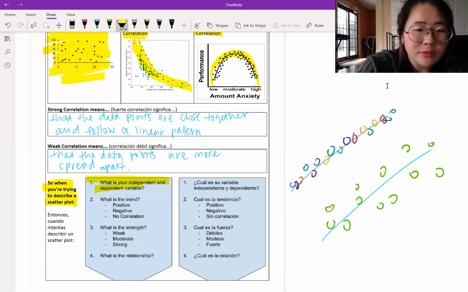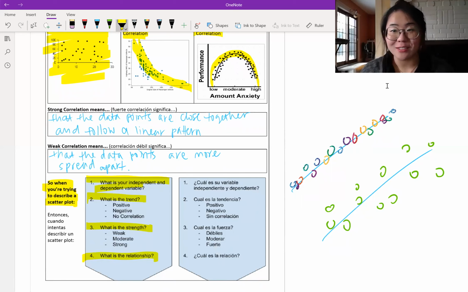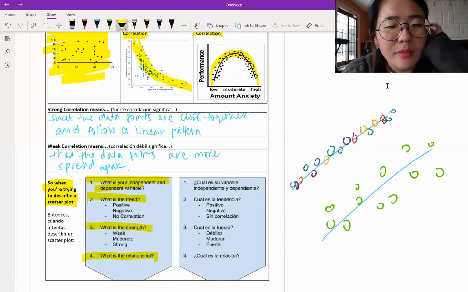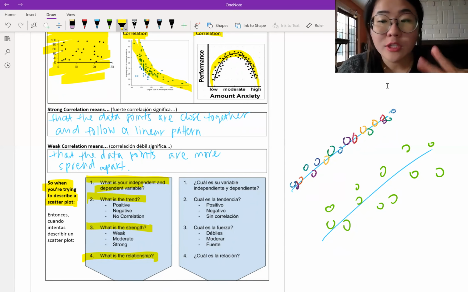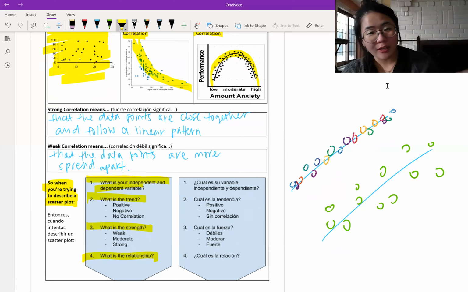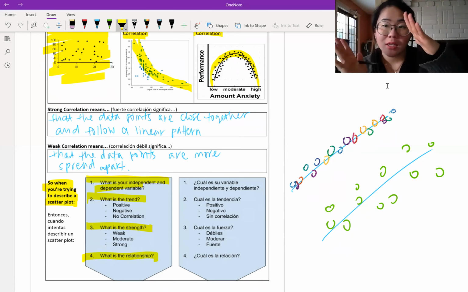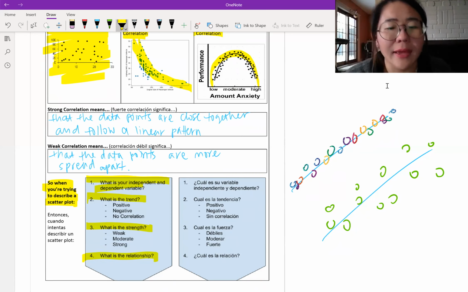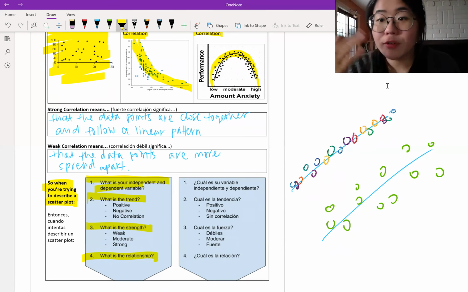If you answer those 4 things, then you have perfectly answered what I'm looking for when you're looking at a scatter plot. Now with trend, remember, it's talking about positive, negative, or no correlation. When I'm talking about strength, I'm talking about, is it weak, moderate, or strong, okay? And relationship is basically describing the scatter plot using the variables that you figured out in number 1.